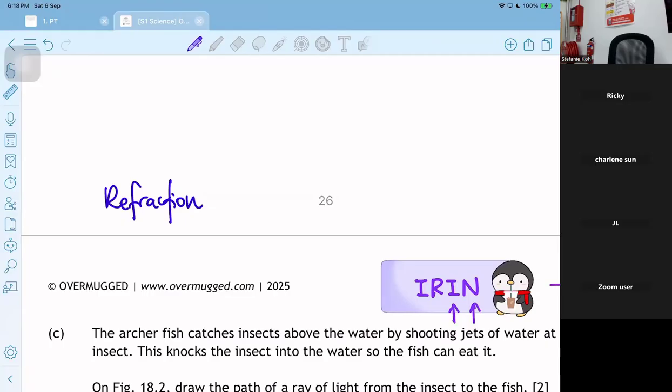From inside the water, the fish looks at the insect outside, or the image. So the ray runs in a straight line.